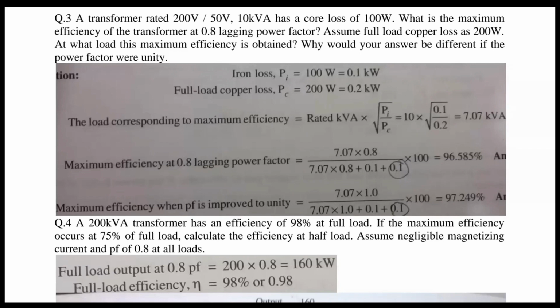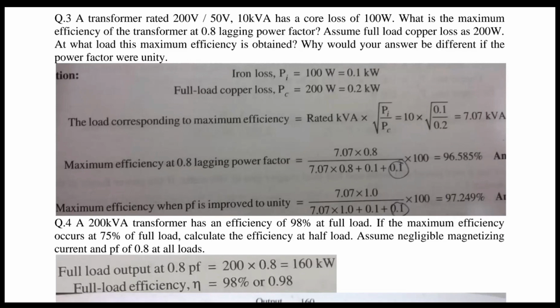So in this numerical, iron loss is given as 100 watts and full load copper loss is given as 0.2 kilowatt. Okay, so the load corresponding to maximum efficiency is rated kVA into under root of Pi upon Pc.